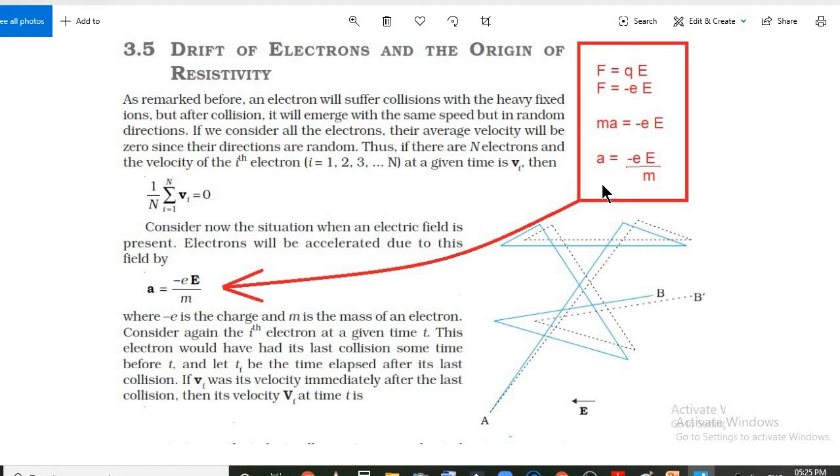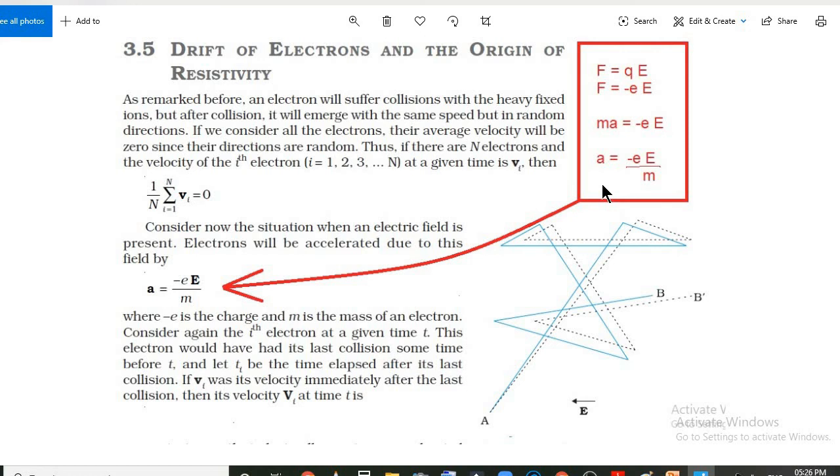An object will continue its state of rest or of uniform motion in a straight line unless it is compelled to change that state by an external unbalanced force. So if force is not acting, the velocity of an object will not change, its direction will not change. But if force is acting, what can happen? Its velocity can change.